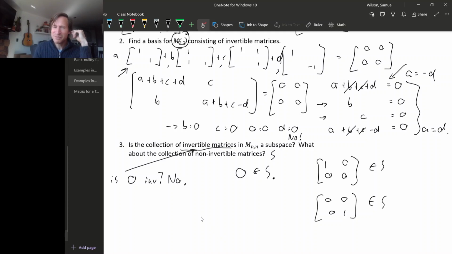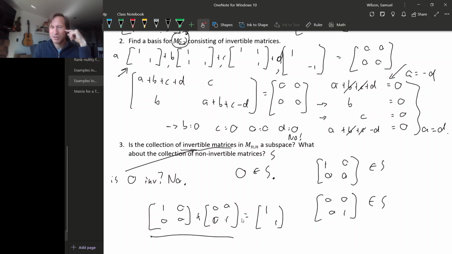But the sum of these two things, 1 0 0 0 and 0 0 0 1, is actually the 2 by 2 identity, which is invertible. So here we're violating the closure of a subspace under addition. That means that the non-invertible matrices also are not a subspace. They contain 0, but they aren't closed under addition.